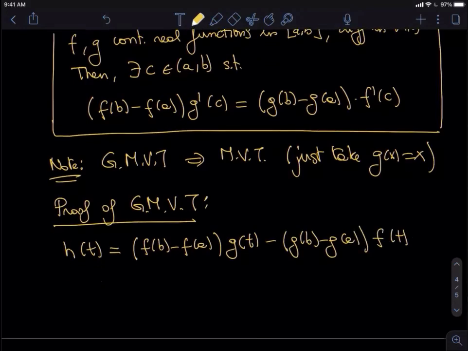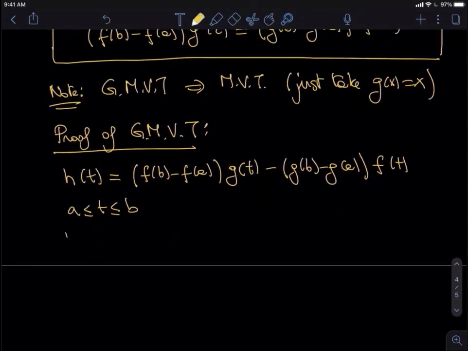And here, of course, t is in between a and b. I define this function because if you notice here where the derivatives are, it's kind of asking for it.